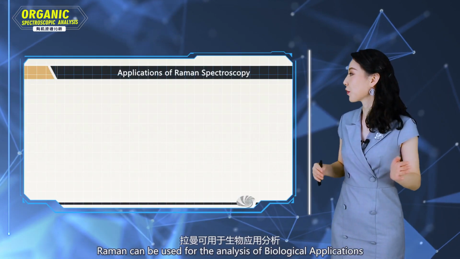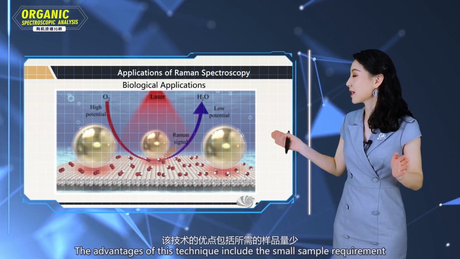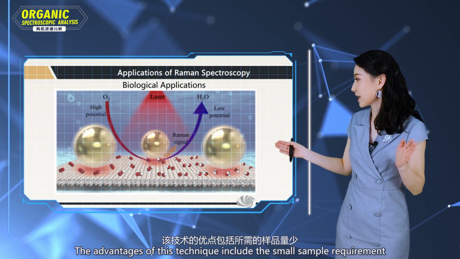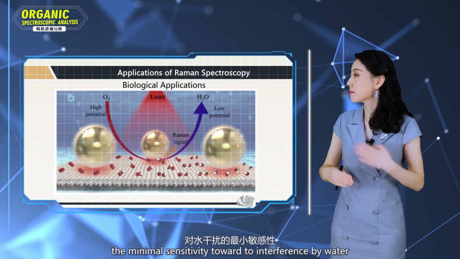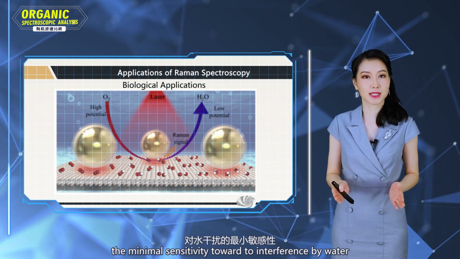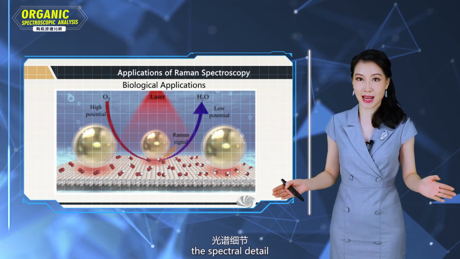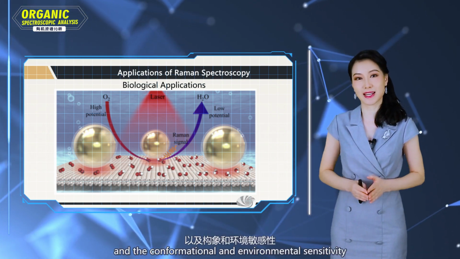Raman can also be used for biological applications. The advantages of this technique include the small sample requirement, the minimal sensitivity towards interference by water, the spectral detail, and the conformational and environmental sensitivity.